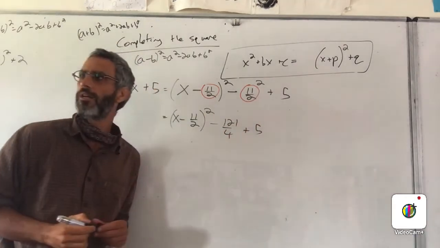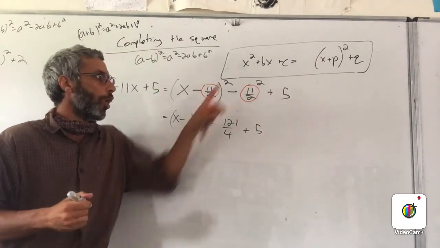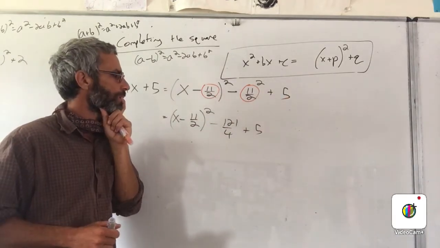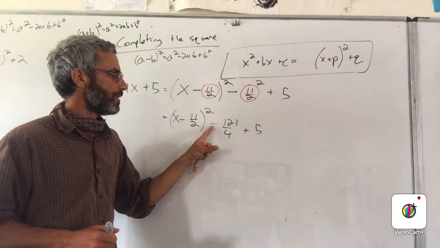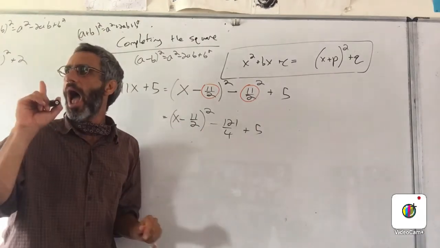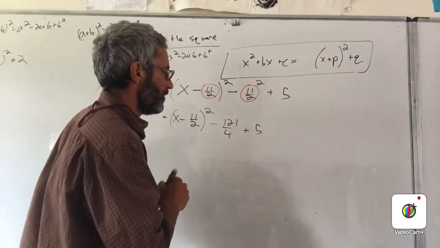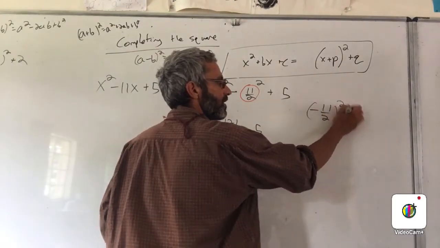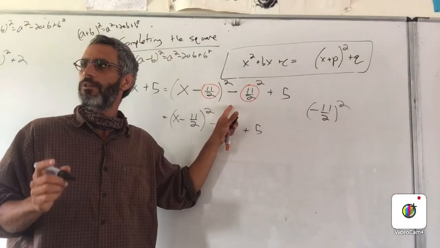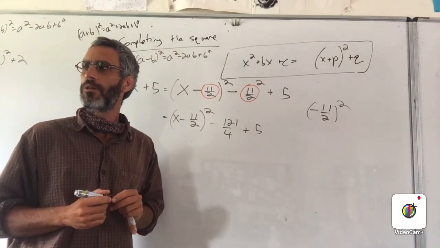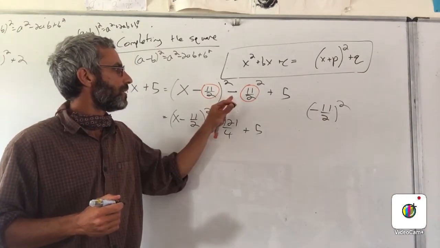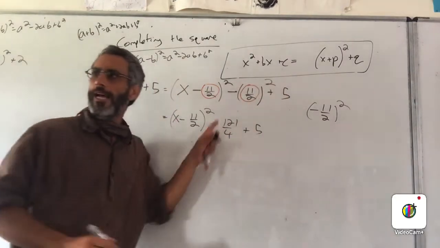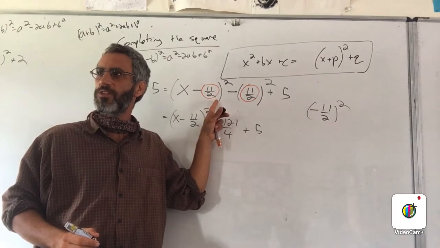You put the bracket just after the minus. I can put brackets here, it doesn't matter, as long as your brackets don't include the minus, because then it will turn into a positive.